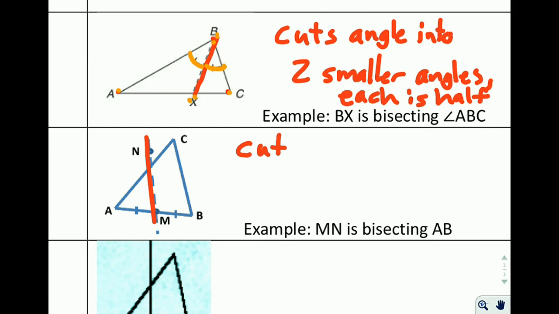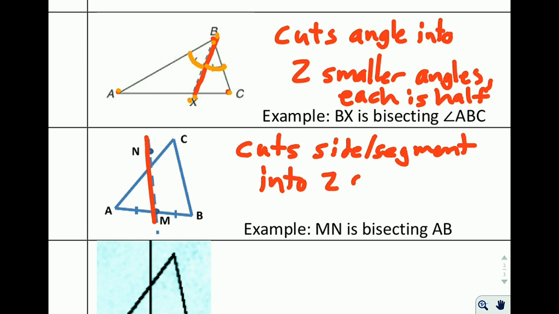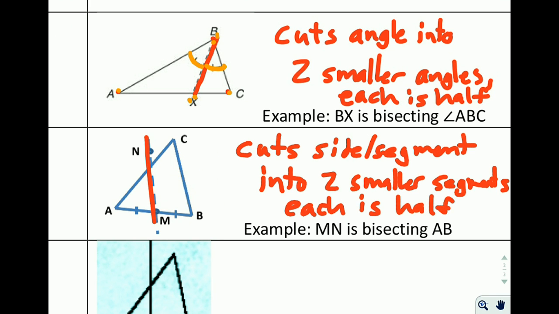So cuts side or segment into two smaller segments. So same definition as above almost, except we're talking about segments instead of angles. And that's why it shares the same name. They're called bisectors either way. You'll notice that bisectors are always going to be lines or line segments. They are never going to be angles themselves. However, you can cut an angle or you can cut a segment with a bisector.